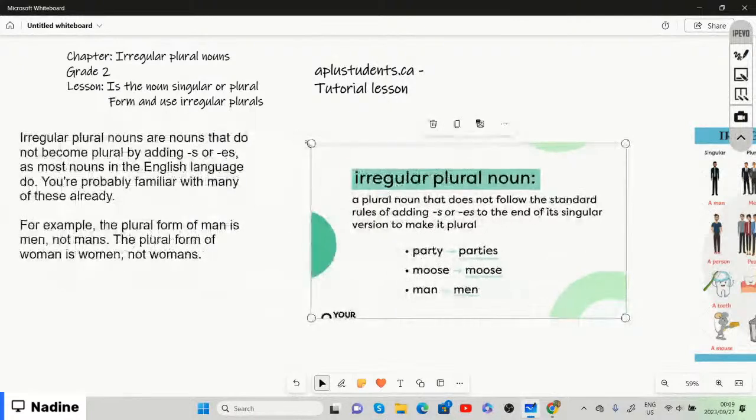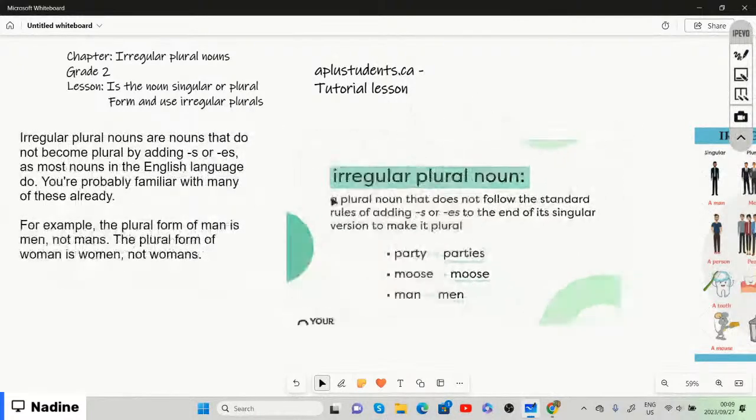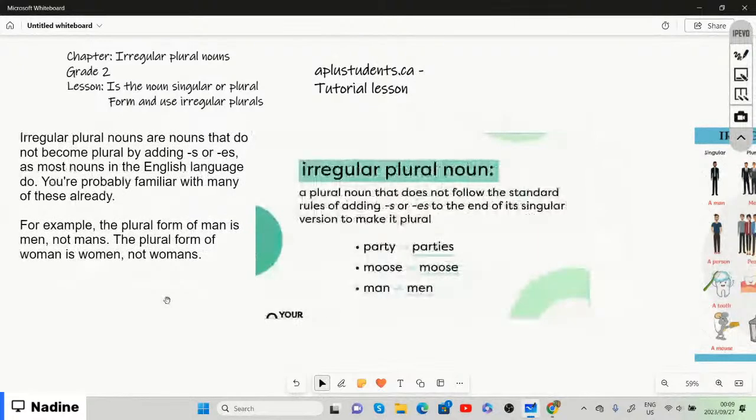All right. So irregular plural nouns, we say that we don't just follow rules by saying we need to add s or es. For some of the words, it's as if the whole word changes, or part of the word changes.